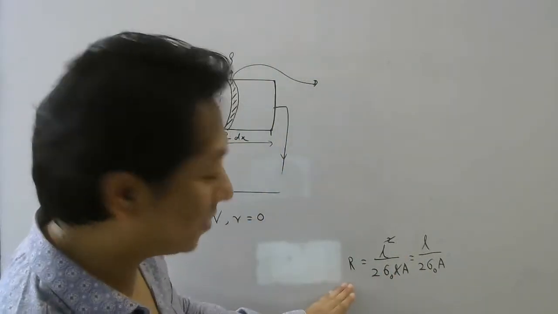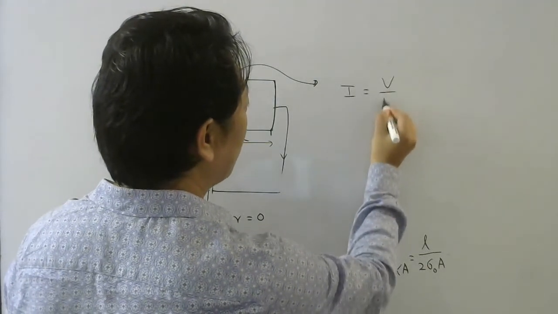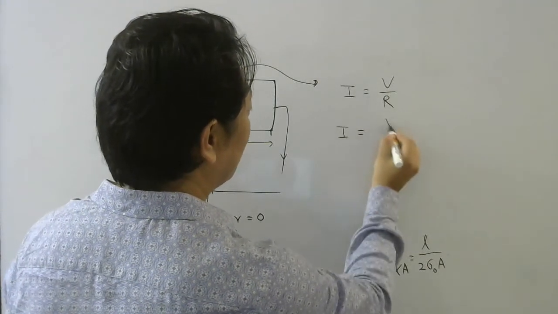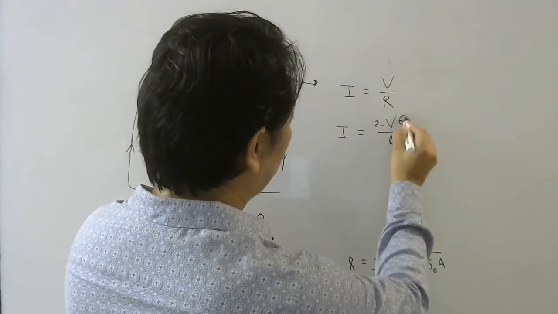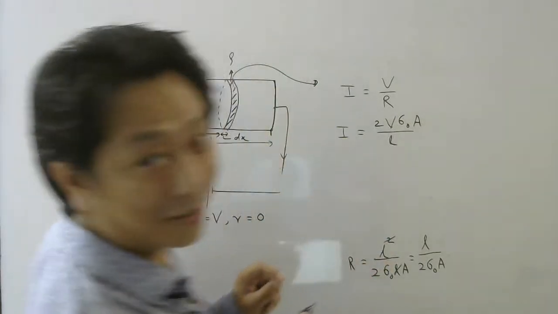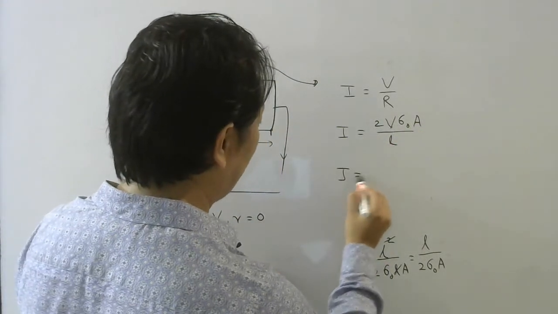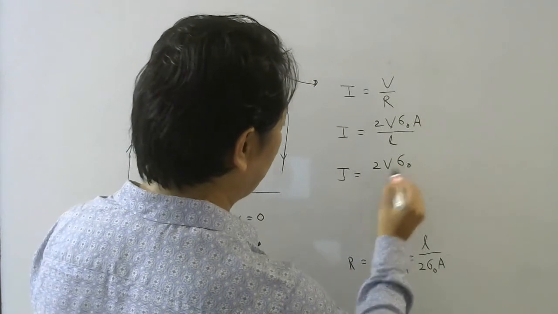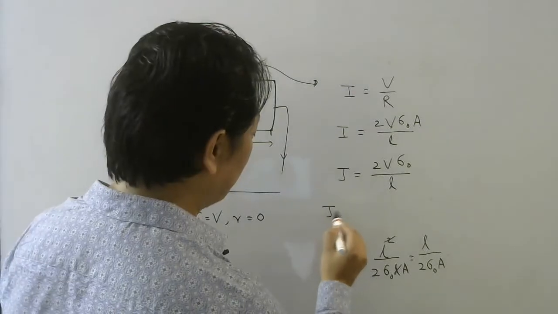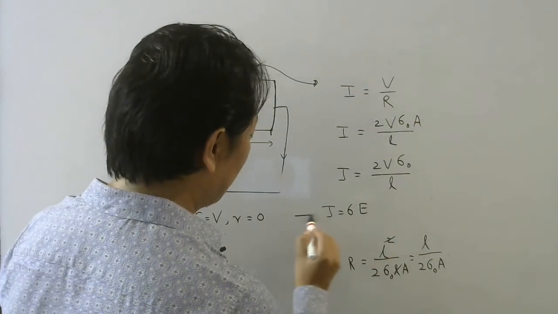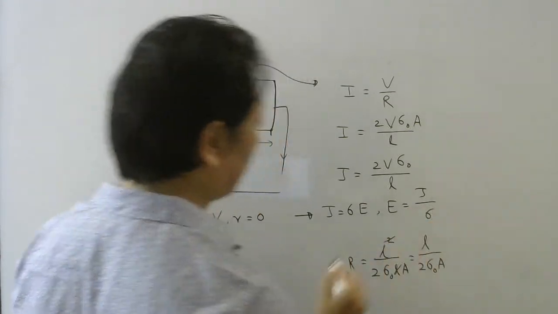So once I know the resistance of the conductor, the current can be found by using Ohm's law, V by R. So V is constant, R is L by 2 sigma naught A, so the 2 sigma naught A will go up, right? Then if you bring this A this side, I by A will be J, right? So J is 2V sigma naught by L. And then we can use the formula J equal to sigma E to find the electric field, which will be J by sigma.